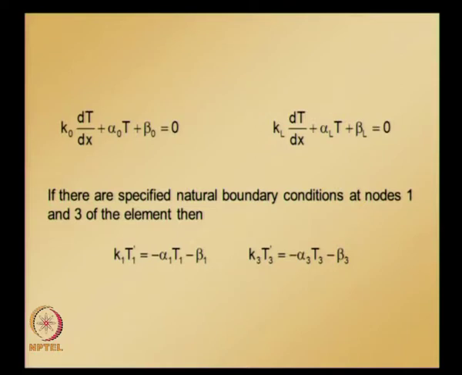So, if these boundary conditions are specified at nodes 1 and 3 of the element, then these equations can be written in this manner: k1 times T1 prime is equal to alpha 1 times T1 minus beta 1. Similarly, k3 times T3 prime is equal to alpha 3 times T3 minus beta 3.